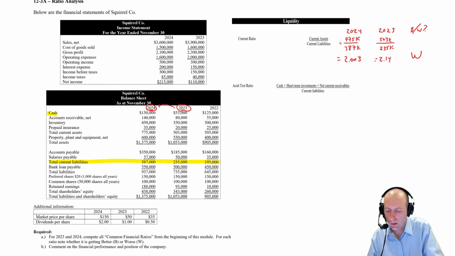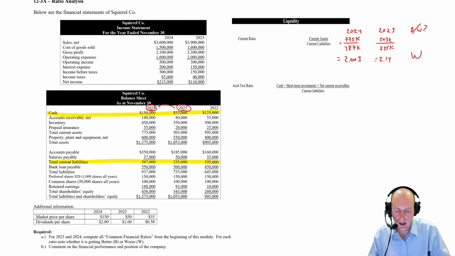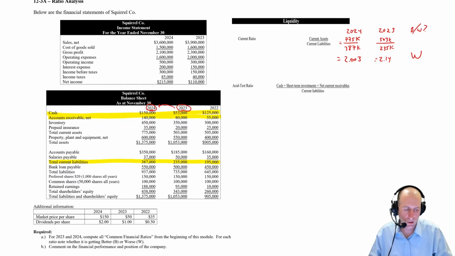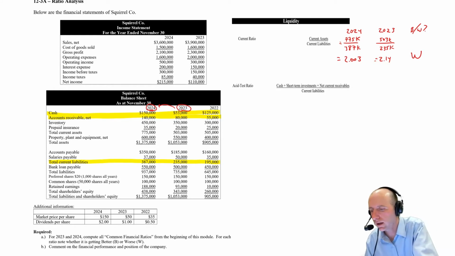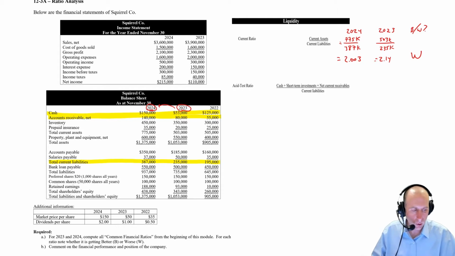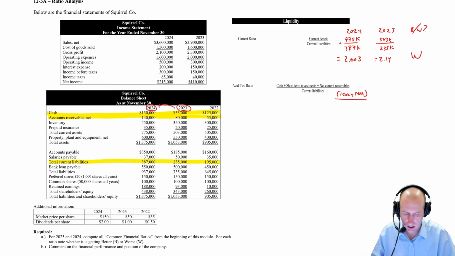The most liquid current assets, cash and net current receivables, are these ones. Inventory we won't include, prepaid insurance we won't include, and short-term investments we don't have. So there we have our numerator and our denominator. For 2024, it's going to be 150K plus 140K, the cash plus the receivables, all divided by 387.